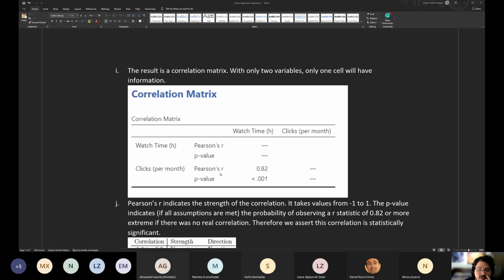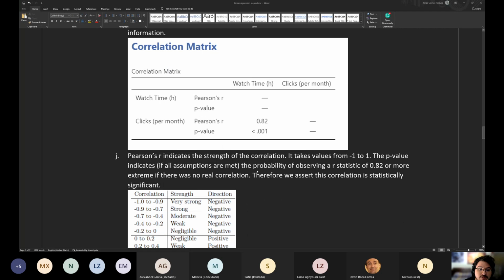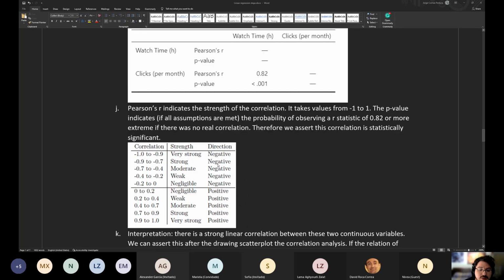And the correlation is 0.82, which is positive and strong, given the value. So this would be a table for qualitatively assessing what a given number means. Also, totally subjective and dependent on your field.